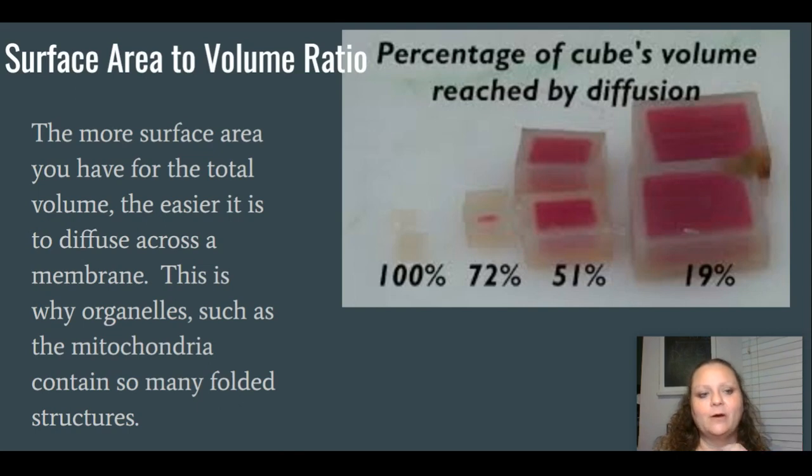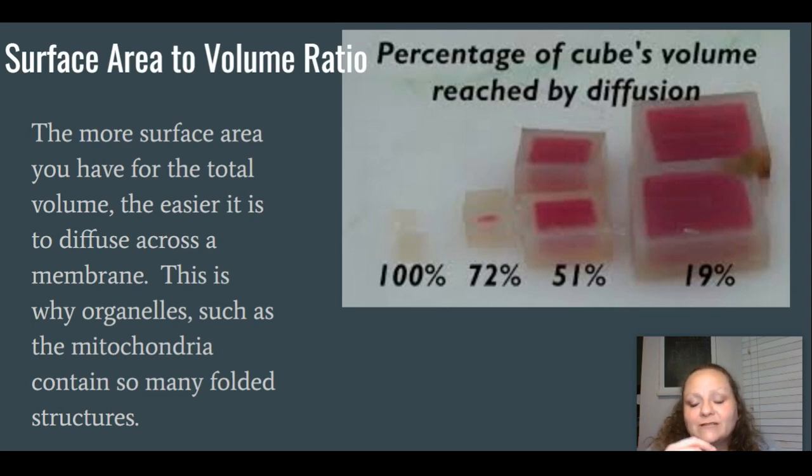Okay, so a side note, which is an important side note. Surface area to volume ratio. The more surface area you have for the total volume, the easier it is to diffuse across the membrane. So this means that the larger a cell gets, the less effective diffusion and osmosis will be.